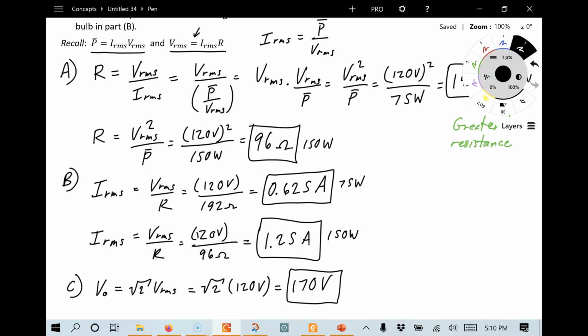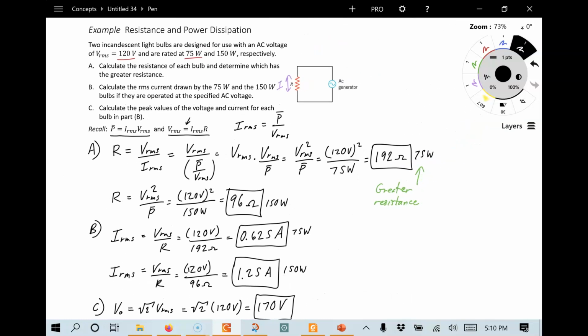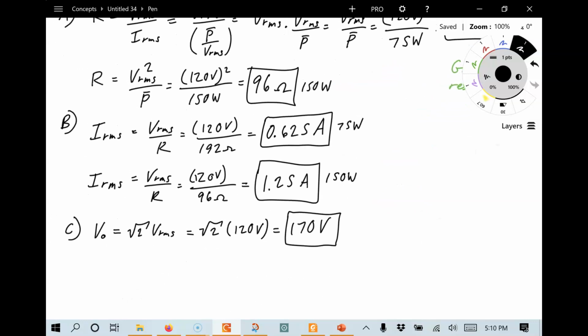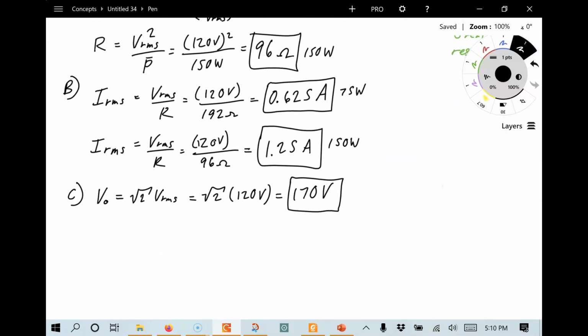Now to do the RMS current here for the two bulbs, we're going to use the same thing we did just to convert from RMS value to peak value. So let's start with the 75 watt bulb. If I want to get the peak current there, I'm going to take the RMS current and multiply by root 2.